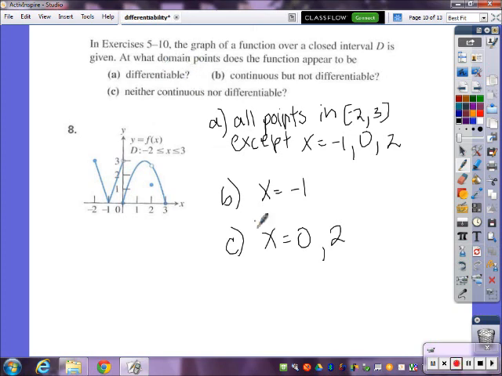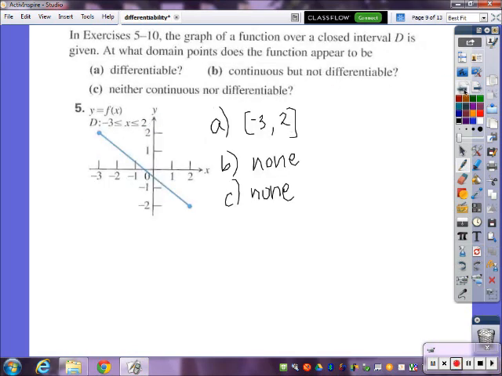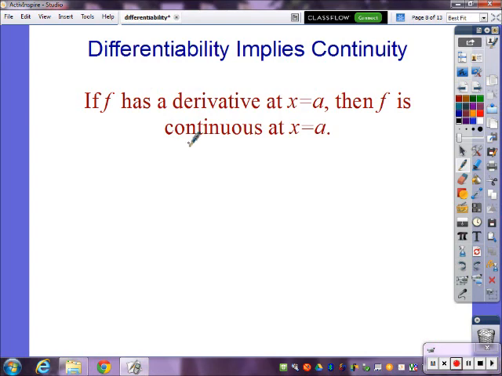If I say it's continuous, it doesn't necessarily mean it's differentiable. Just like in item B here, at x equals -1, it's continuous but not differentiable. So it doesn't work both ways. If I say it's differentiable, it's continuous. But if I say it's continuous, it doesn't necessarily mean differentiable. And that's your introduction to differentiability.